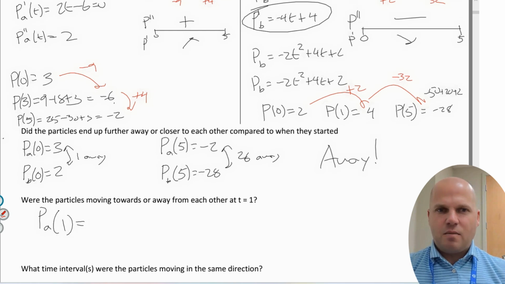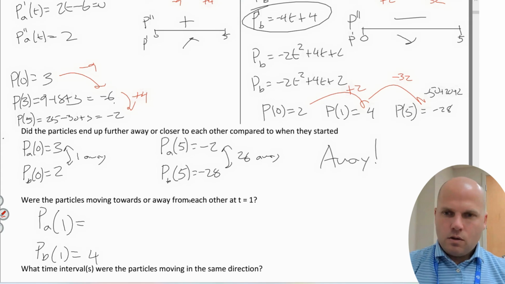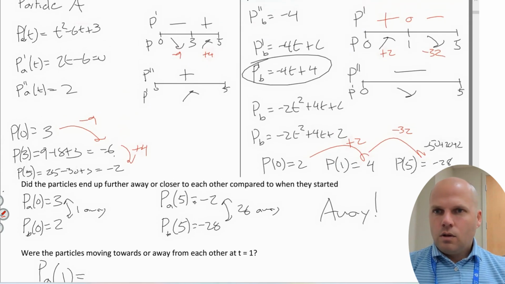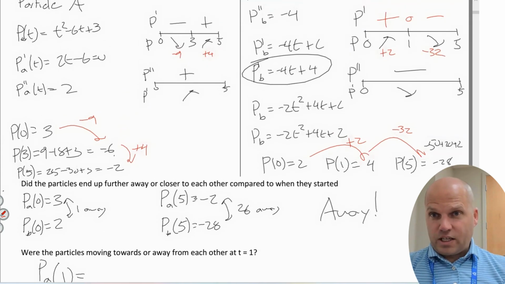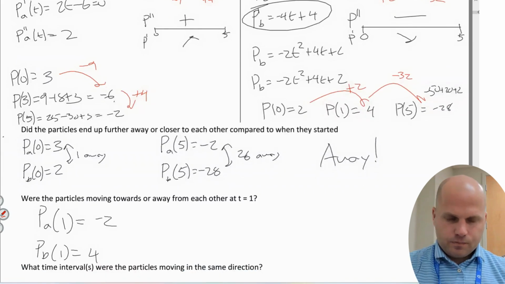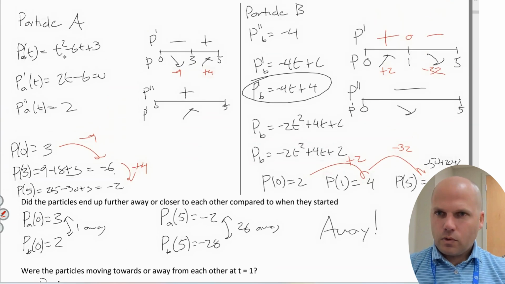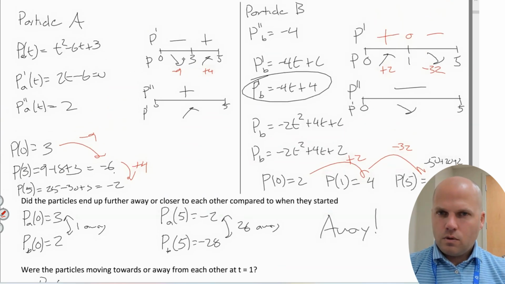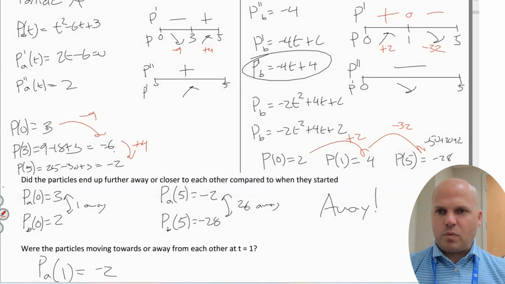I'm going to find my particle's position at 1. One minus 6 plus 3 is negative 2. Good. I go from a position of 3 to a position of negative 6.